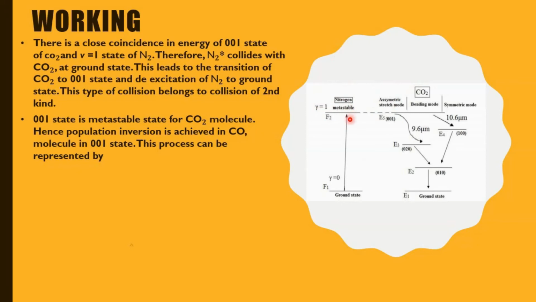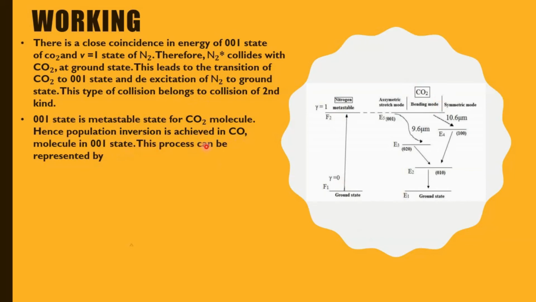So at that point there is a coincidence in energy, which leads to the CO2 moving to the 001 state and the N2 moving to the ground state. This was the collision of the second kind, and the 001 state is metastable for the CO2 molecule. Hence population inversion is achieved in the CO2 molecule in the 001 state.